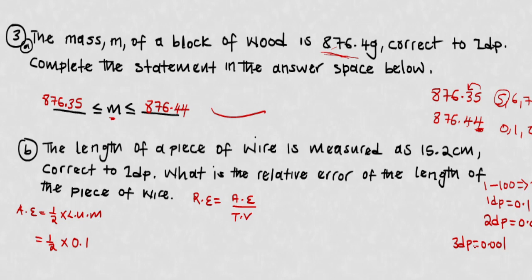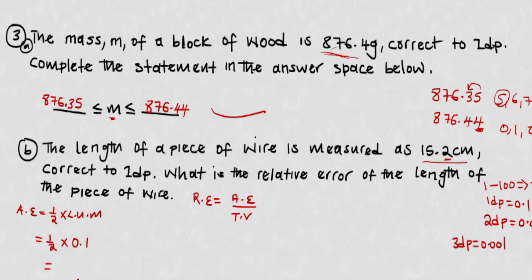So what is half times 0.1? You also need to know how to multiply a fraction and a decimal. If you don't know how to do that, you can let me know, and I'm going to make a separate video so that you can be helped.